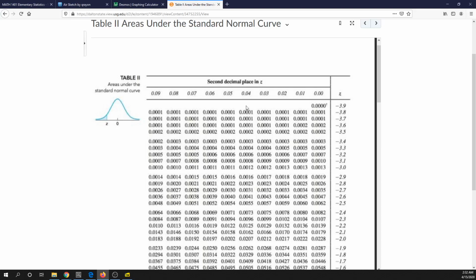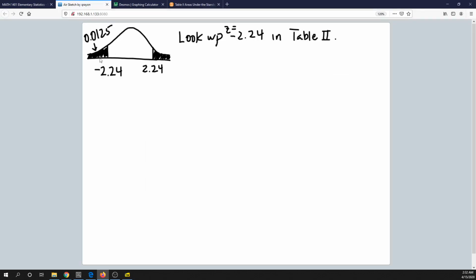All right, and then 0.04 is right here. So I'm looking at this number right here, which is 0.0125. All right, so that's the area of this little piece right here.